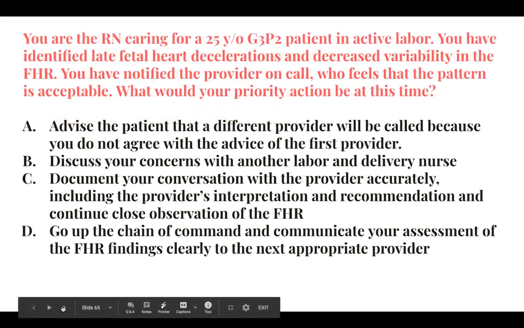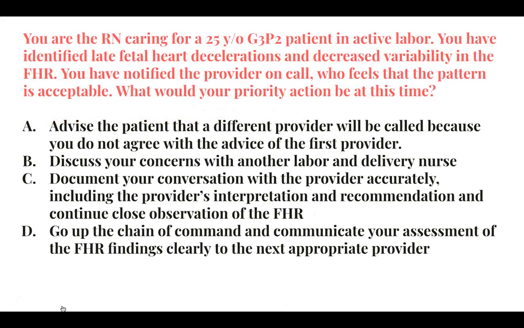So you're the RN caring for a 25-year-old gravida 3, para 2 patient in active labor. You've identified late fetal heart decelerations and decreased variability in the fetal heart rate. You've notified the provider on call who feels that the pattern is acceptable. What would your priority be at this time? So you notice those late decels.